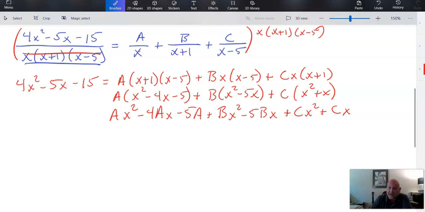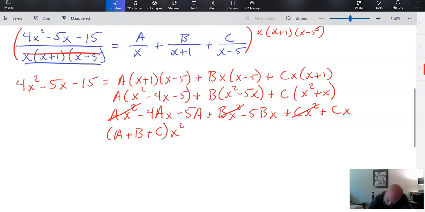Okay, so let's start by, looks like the highest exponent I have in here is x squared, so we'll collect those together first. So I have a, b, and c as coefficients of x squared. So I'm factoring at the same time here. Okay, so that's this term, and this term. And then next up, I need the terms with x's in them.